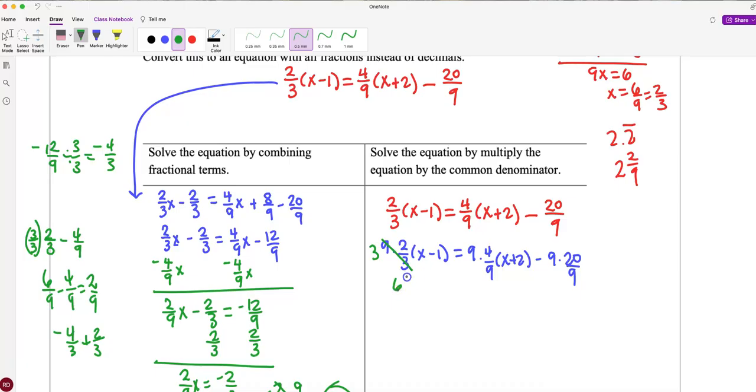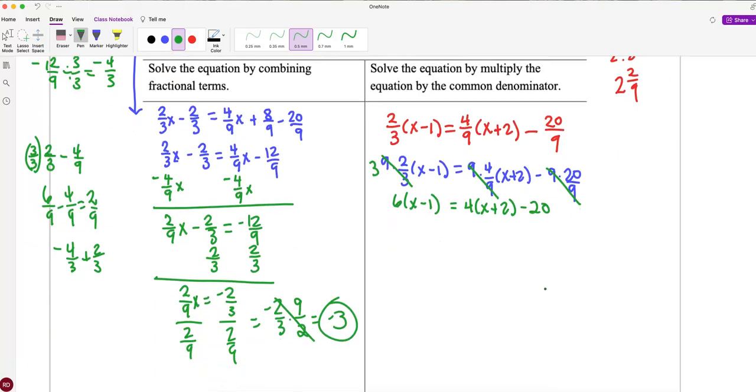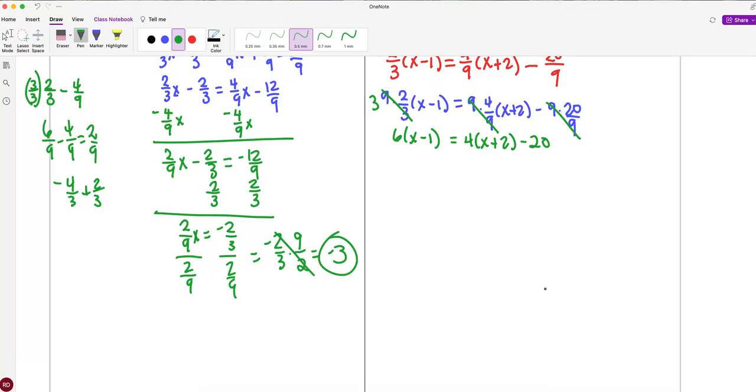So this becomes 6 times x minus 1. The 9's go away. 4 times x plus 2 minus 20. Okay, I like this equation a lot better because there are no fractions. So distribute: 6x minus 6 equals 4x plus 8 minus 20. So 6x minus 6 equals 4x minus 12.